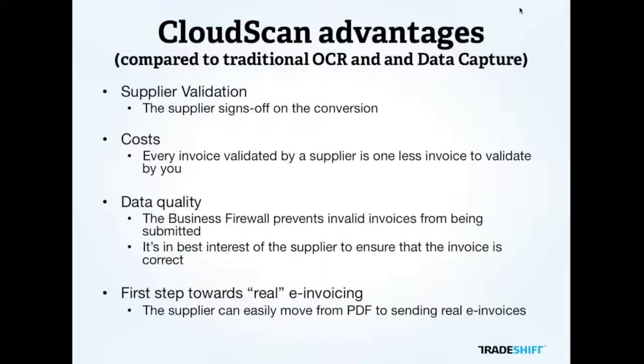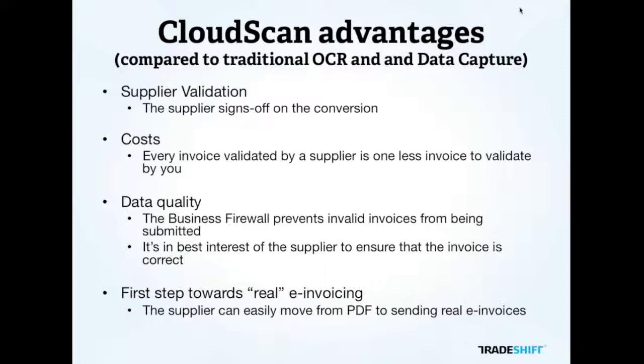So everything, all the formal things around the correct PO number and things like that are in order. So the supplier may need to add information that was not on the original PDF or scanned invoice. But it's good that they get this information up front and can get the data and send it in. And then there's, of course, the cost aspect of this. So every invoice validated by a supplier is one less invoice for you to validate.